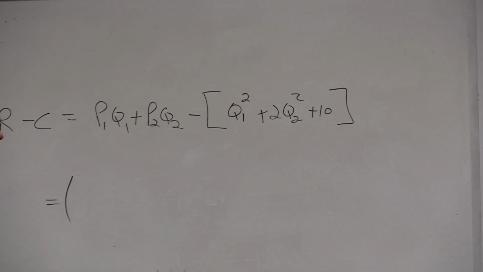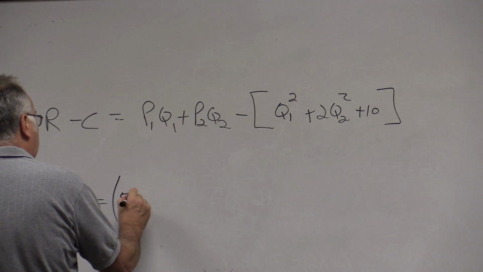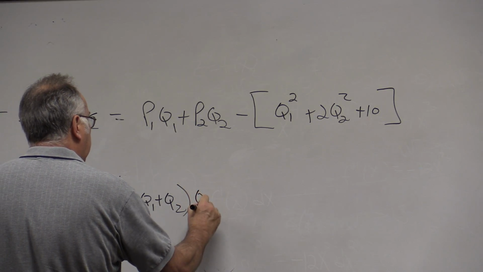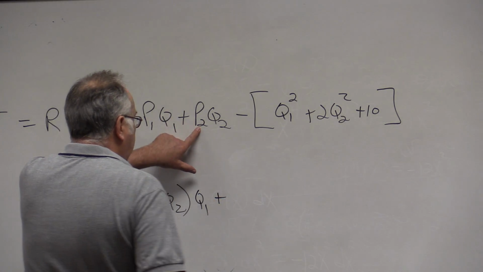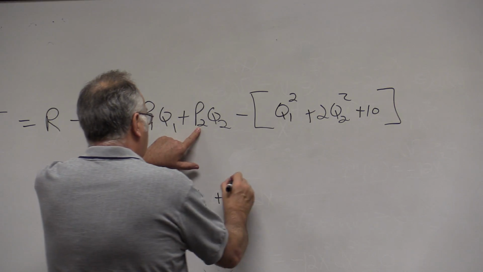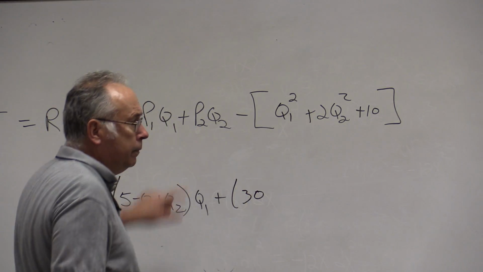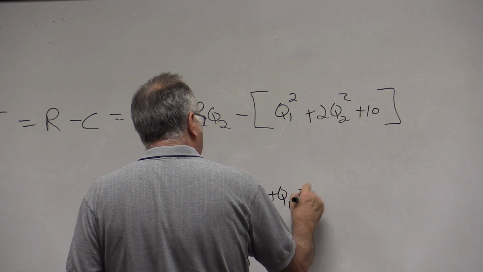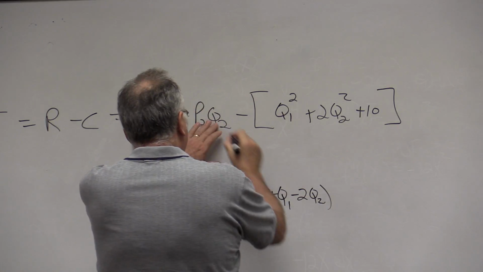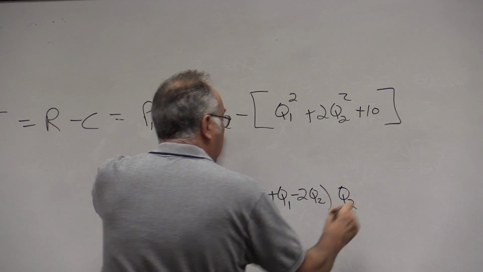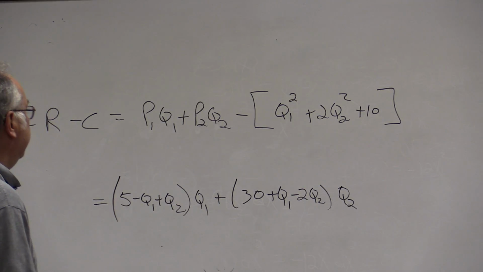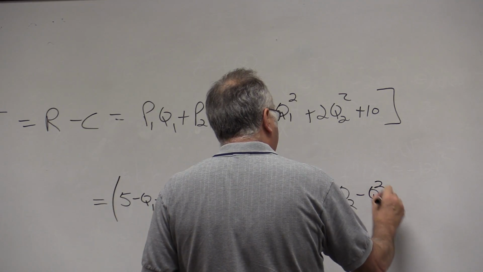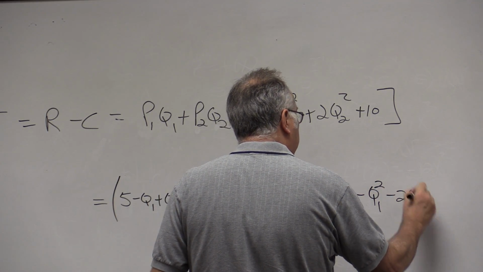What was it? 5 minus Q1 plus Q2 times Q1, plus P2, which is 30 plus Q1 minus 2Q2, times Q2. Okay, so I have that right? Yeah, okay. Then you have a minus Q1 squared minus 2Q2 squared minus 10.